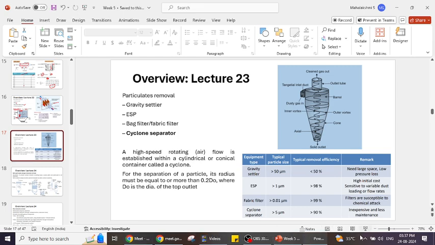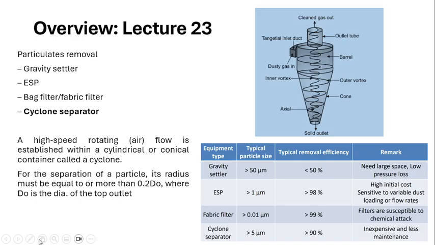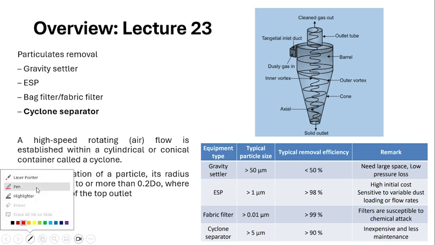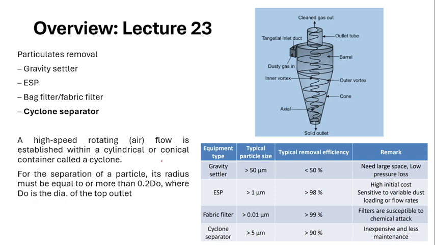The only thing is for the separation of the particles. To use this method, the basic principle is that the particle radius should be equal to or more than 0.2 times DO. DO is the diameter of the top outlet.